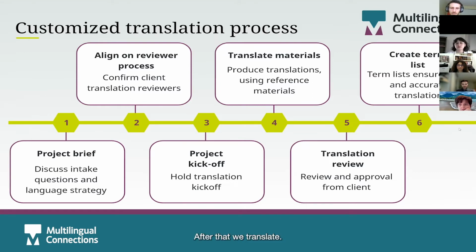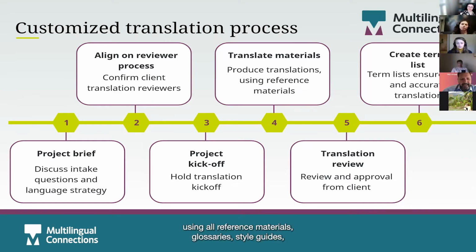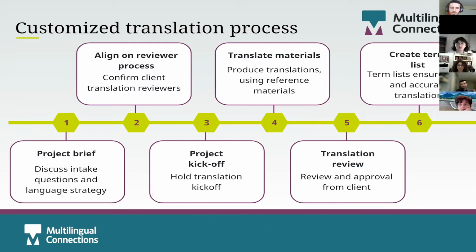After that, we translate. So we have a translator as a first step, using all reference materials, glossaries, style guides, who goes through, produces the translation. We always have an editor, a second person with the same qualifications, going through the material, checking everything. And then we have a final quality assurance step by our project manager.